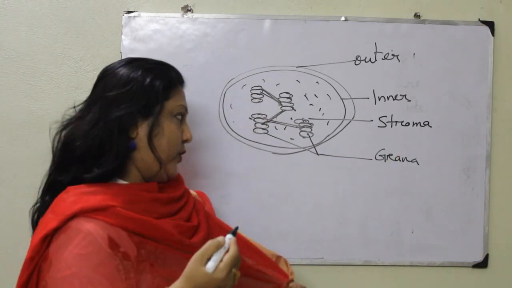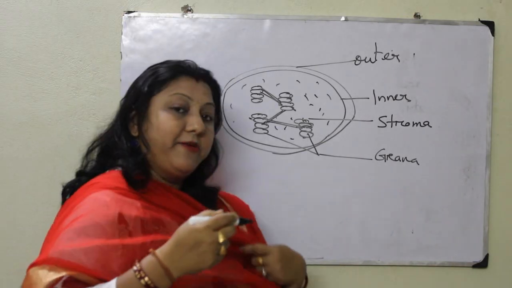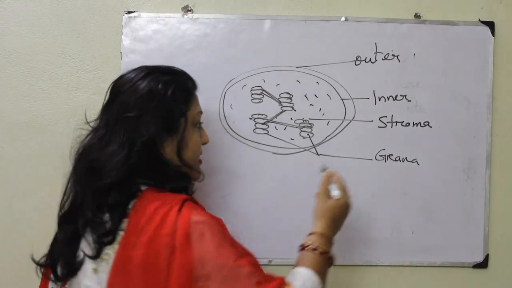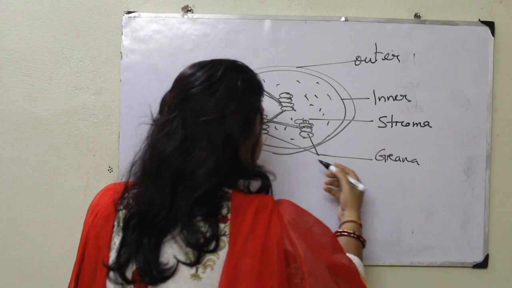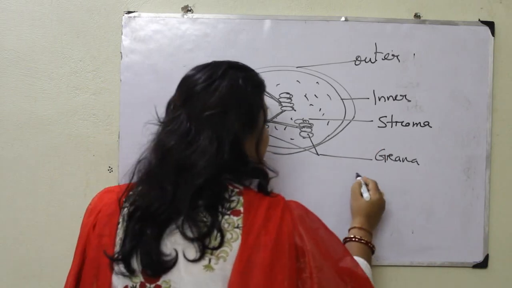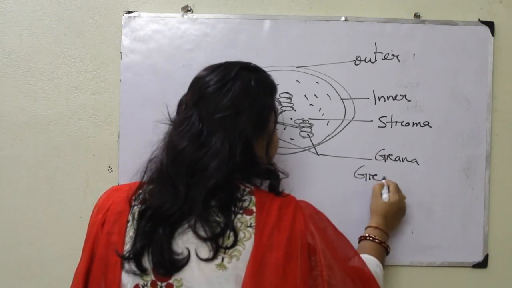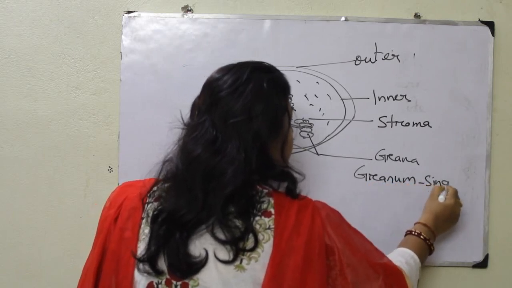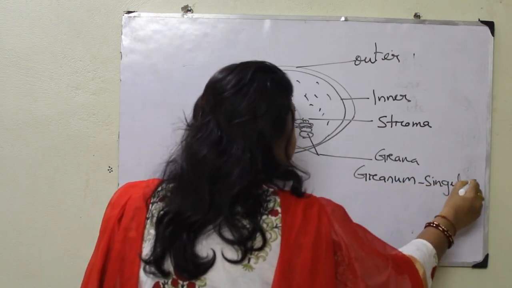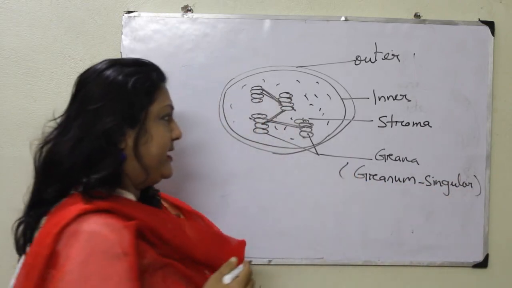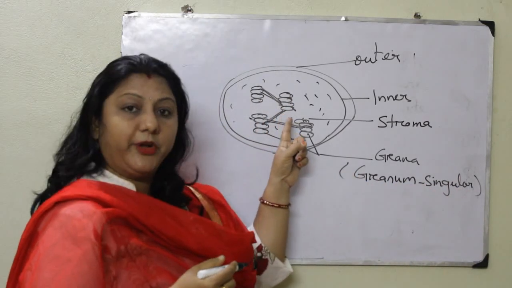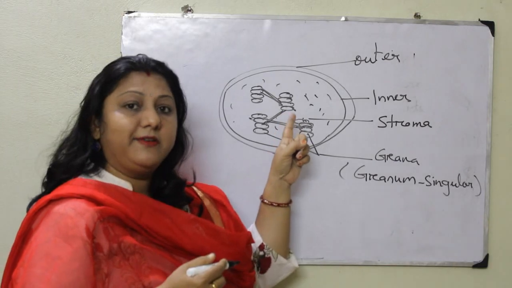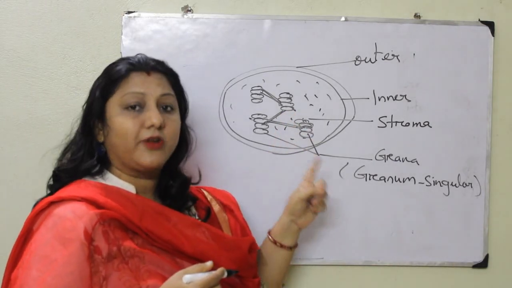If we take only one such stack into account, then we will call it granum. Granum is the singular. When I am talking about only one of these, I will refer to it as granum.